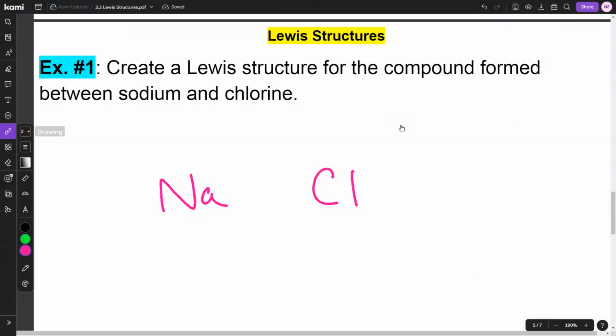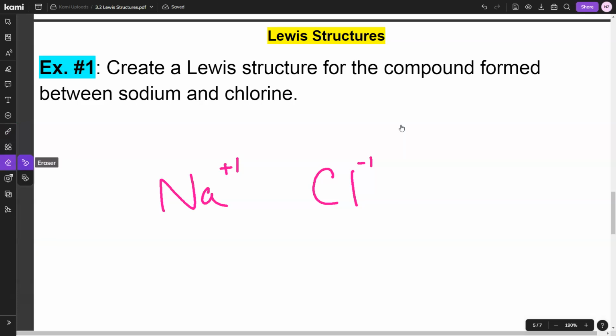Okay, so sodium is going to end up with a +1 charge because it has 1 valence electron. Chlorine is going to have a -1 charge because it has 7 and it wants to get to 8. Okay, so those are the charges. And we know that they're going to combine 1-to-1 ratio because we have +1 and -1.